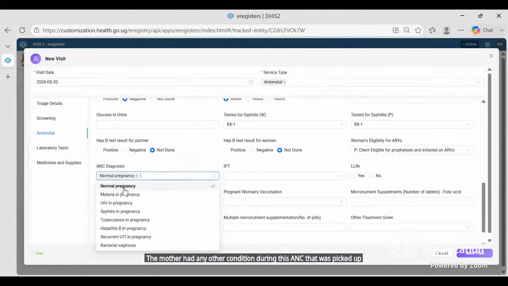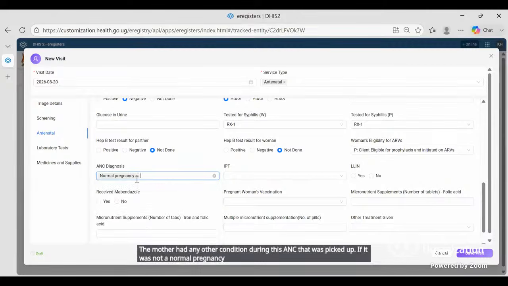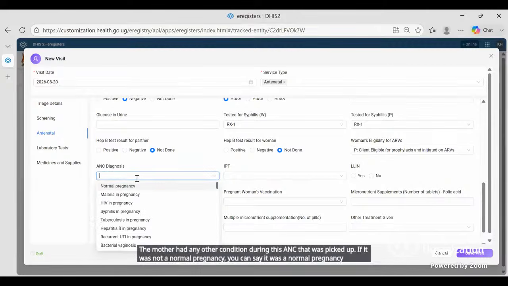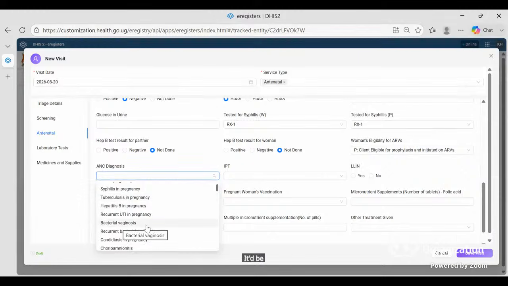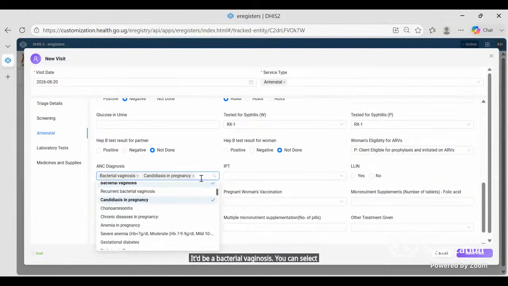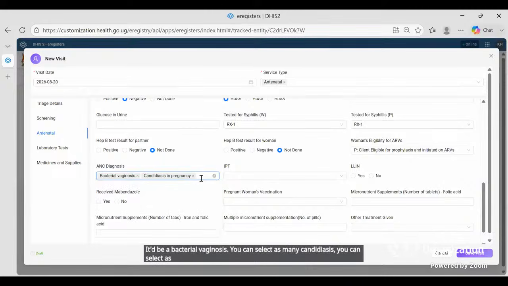If it was a normal pregnancy, you can say it was a normal pregnancy. But if they had maybe bacterial vaginosis or candidiasis, you can select as many as possible here, or as applicable. We have made this multi-select.